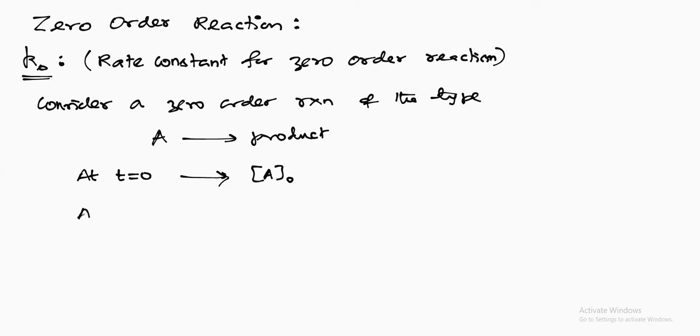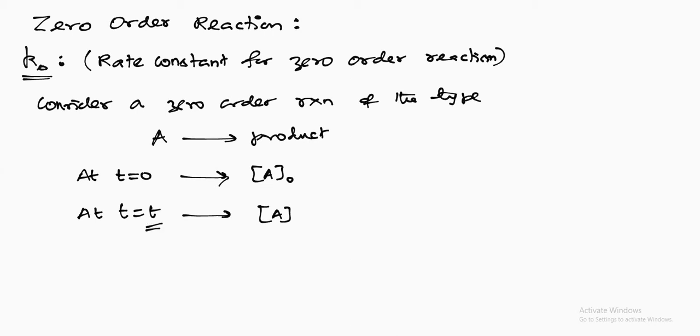Then at time t, say after 10 seconds or after 20 seconds or after 1 minute or after 5 minutes, whatever it is, let the remaining concentration of A be considered. You know very well, as the reaction progresses, concentration of A keeps on decreasing. So initial concentration will be very high. As the reaction progresses, concentration of A decreases, right?